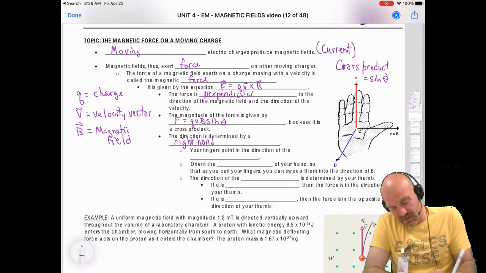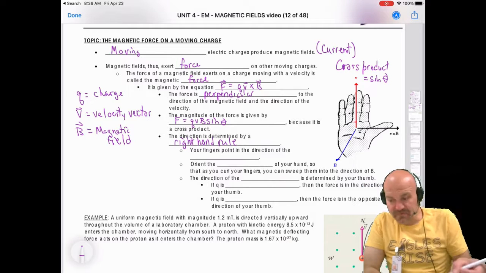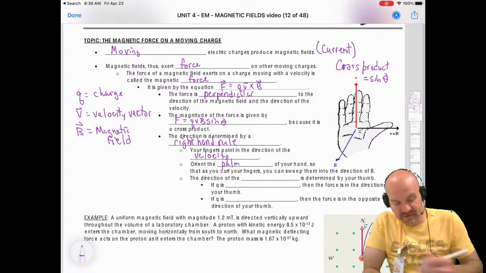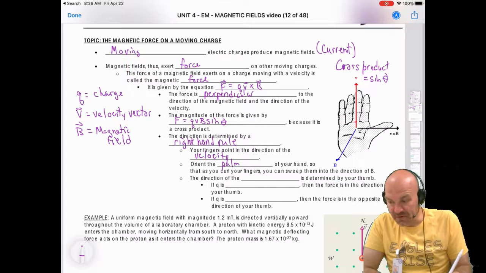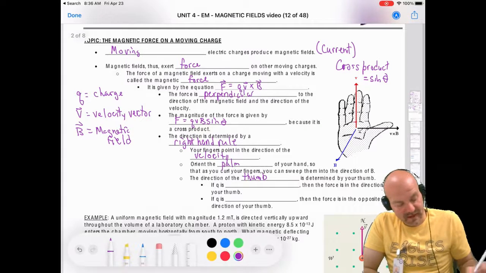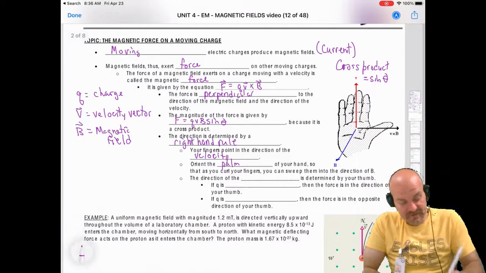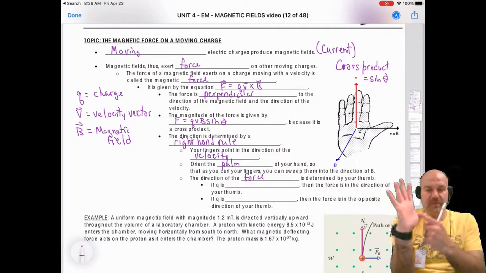You're going to see the right-hand rule a lot in electricity and magnetism. Your fingers point in the direction of the velocity, and then you orient the palm of your hand so that as you curl your fingers, you can sweep them in the direction of B. The direction of the force is determined by your thumb, perpendicular to your palm.